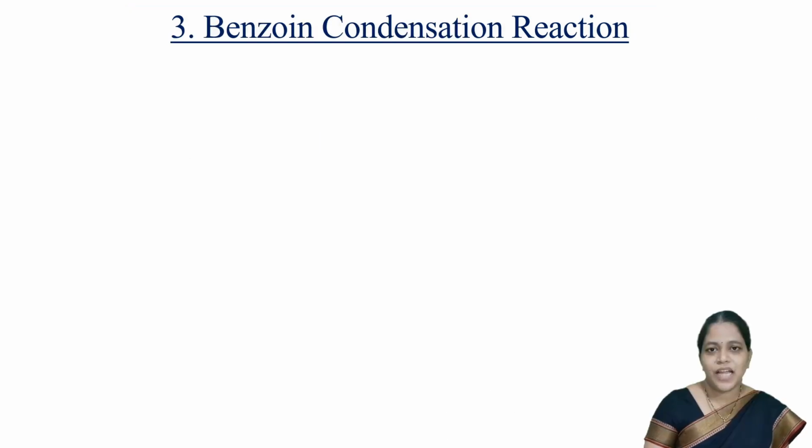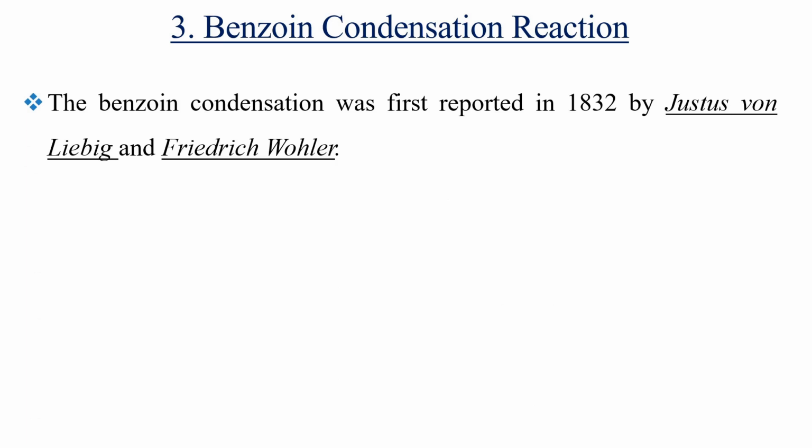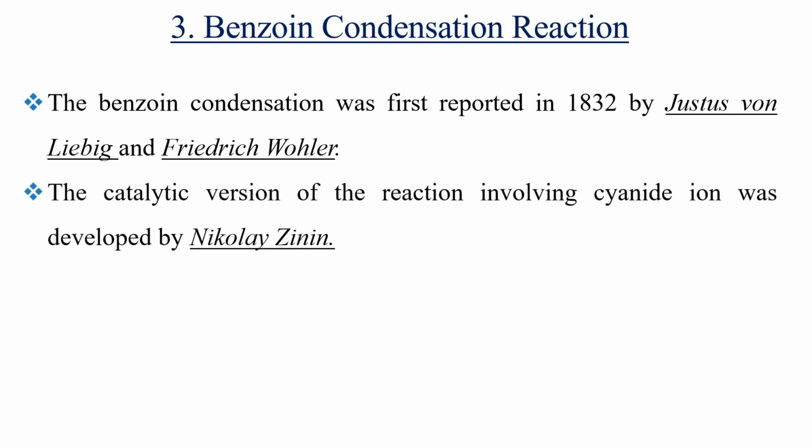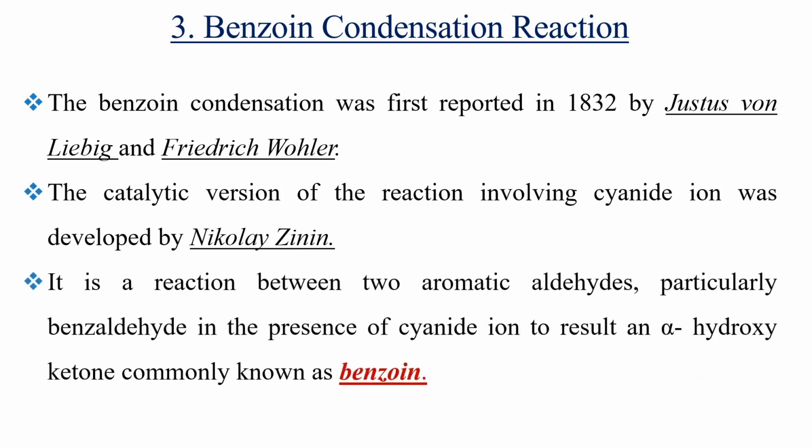The next named reaction of today's topic is the benzoin condensation reaction. The benzoin condensation was first reported in 1832 by Justus von Liebig and Friedrich Wöhler. The catalytic version of this reaction involving cyanide ion was developed by Nikolai Zinin.